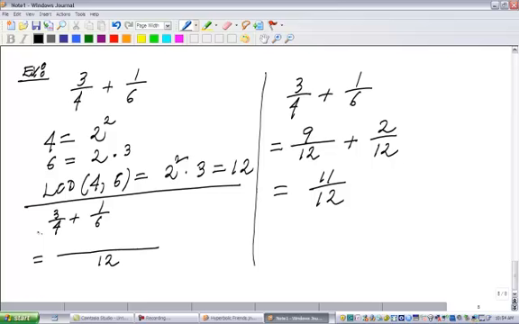And so this numerator 3 will be multiplied with 3. Plus, I am going to divide 12 now by 6. So it's going to be 2, so I get 1 times 2. So that's 9 plus 2, which is, again, 11 over 12. Making sense?